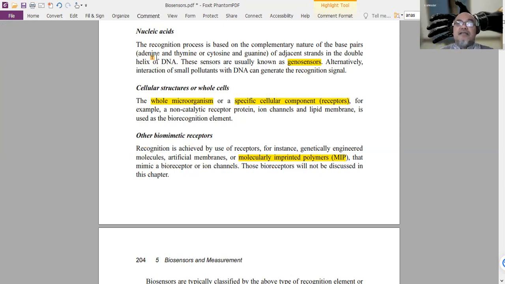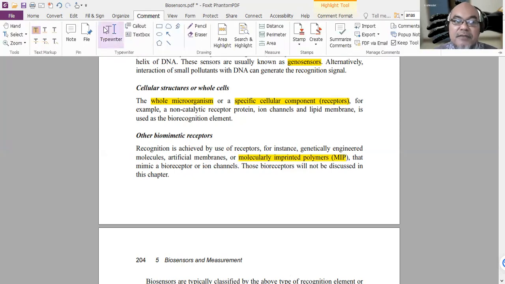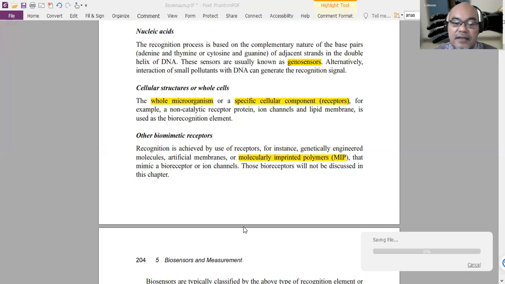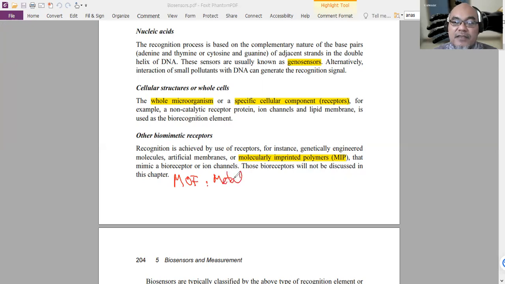In recent days there are also other biomimetic receptors, which I mentioned earlier, yesterday maybe, what we call Metal Organic Framework. Metal organic framework. This is just in recent years, maybe the last 5 to 10 years. This is usually used when we want something that mimics the catalytic property of an enzyme.